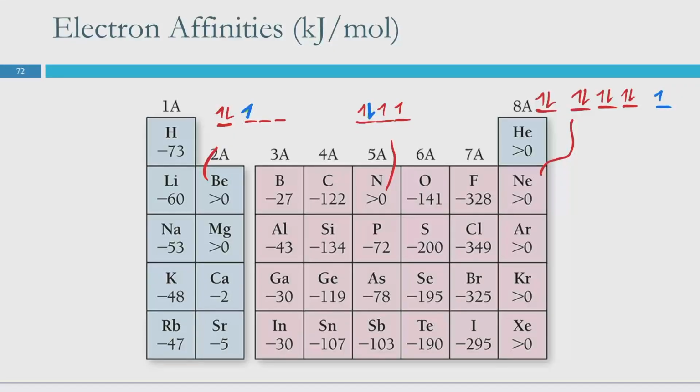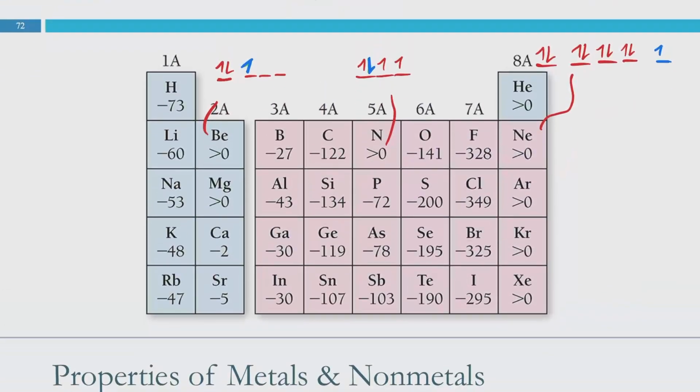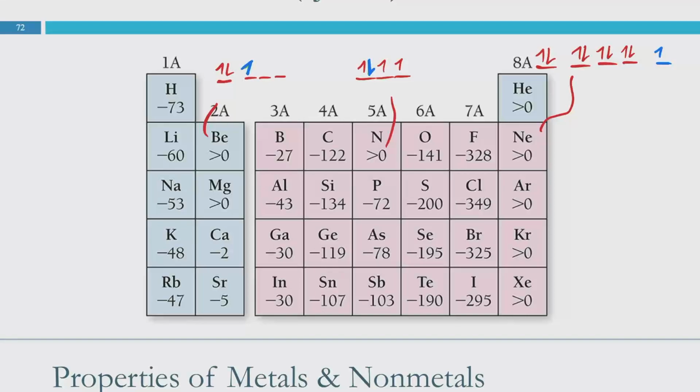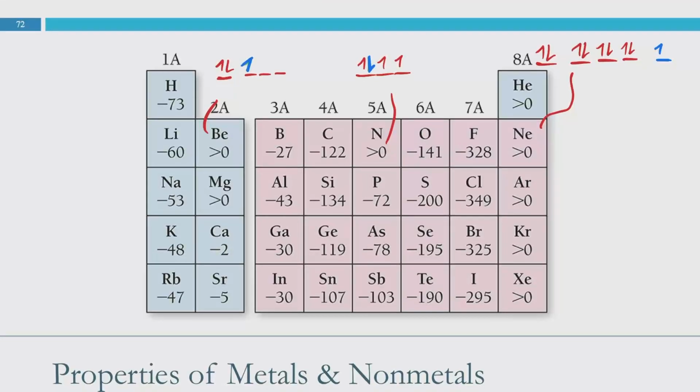You're adding a new shell, not very favorable. But generally, we can see our value increases as we move left to right. It's a little bit more wishy-washy, not as clear of a trend, but it does increase left to right, and it increases bottom to top.